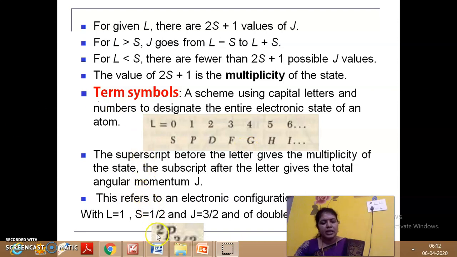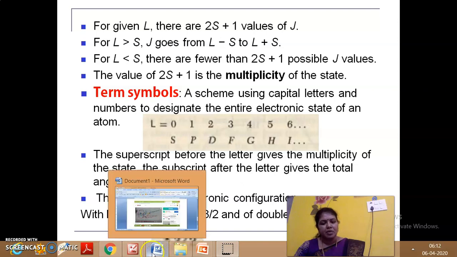Now, in the term symbols, you have a superscript as well as a subscript. The superscript before the letter gives the multiplicity of the state. The value 2S plus 1 is the multiplicity, and the subscript gives the total angular momentum of the state.